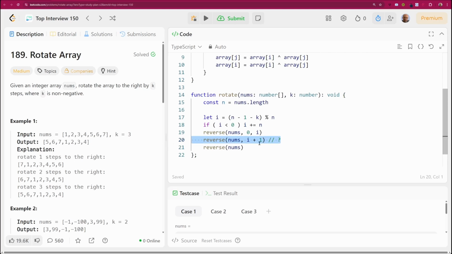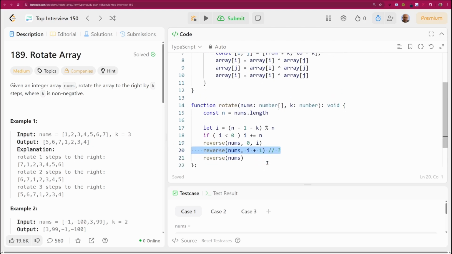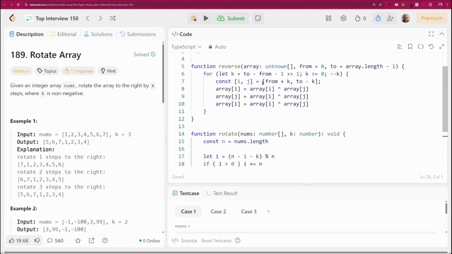It won't destroy anything because what will happen is from will end up being greater than 2. So from will be greater than 2, and this loop just won't run. Basically this will give you a negative number in this condition.